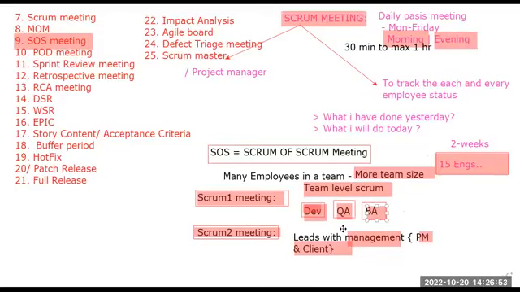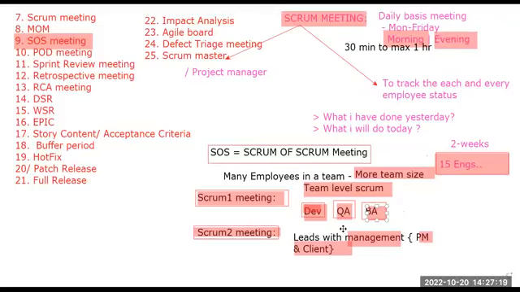I don't understand, sir. You don't understand anything? You joined late? No, sir, I joined on time, but I don't understand the SOS meeting. Then you are not listening properly, or you are not getting my voice properly. Okay, what about others? Can someone explain this SOS meeting? Anyone? Just give a try.